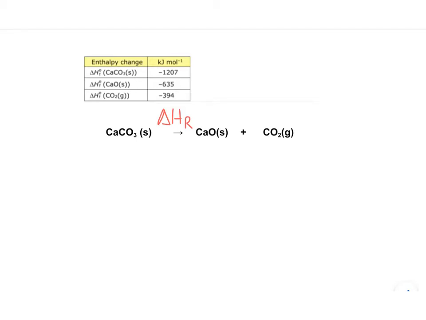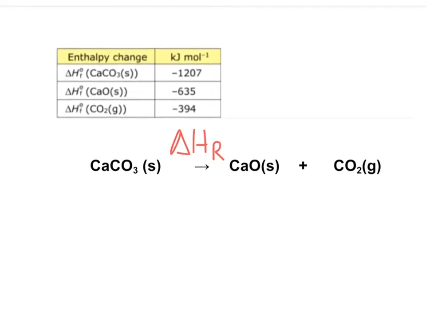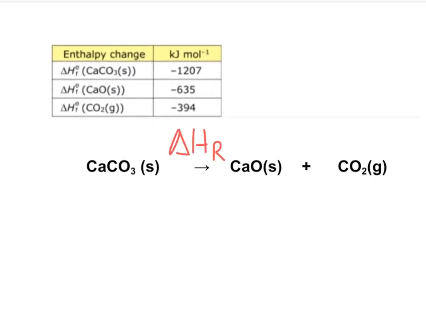You can see that you're given some information in the question. We are given a little table, and in that table we have the delta HF values for calcium carbonate, for calcium oxide and for carbon dioxide. Now all these compounds appear in the equation for the reaction whose enthalpy change we want to calculate.